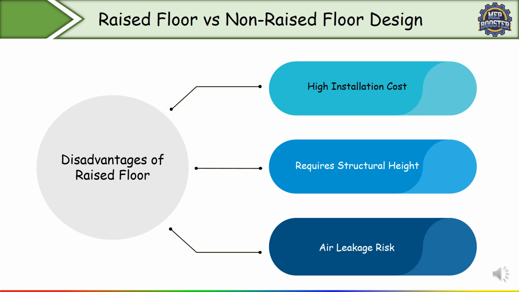So from here the air will leak, and the impact of this leakage, what happened? The loss of cooling efficiency, even the energy consumption increased. Okay. So these are some disadvantages of raised floor system.